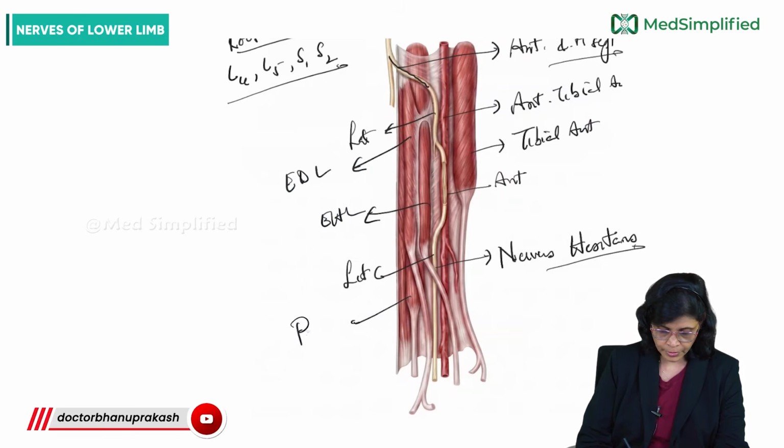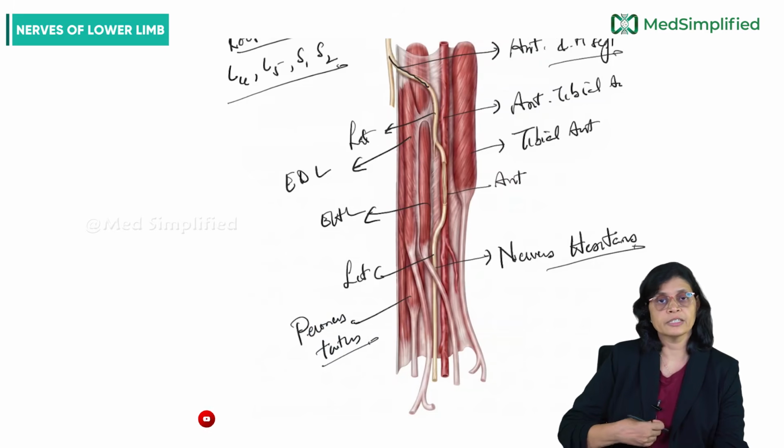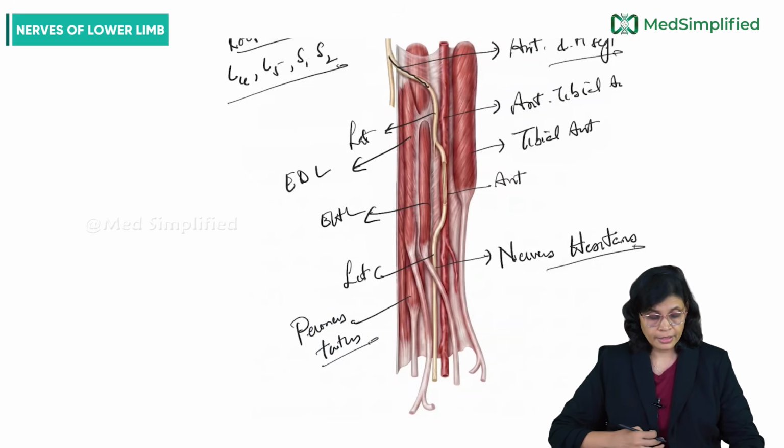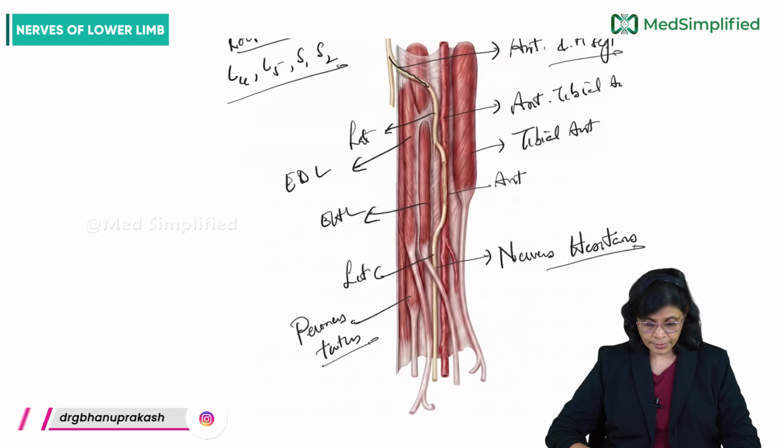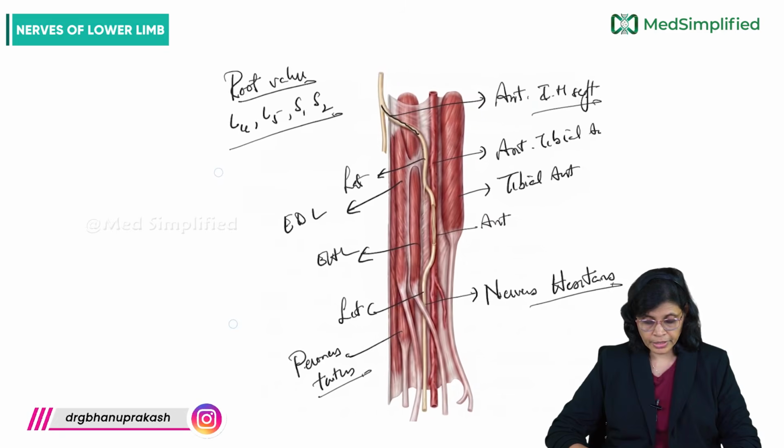All these four muscles it supplies, and the cutaneous branch is mainly to the first interdigital cleft. So this is about the deep peroneal nerve.